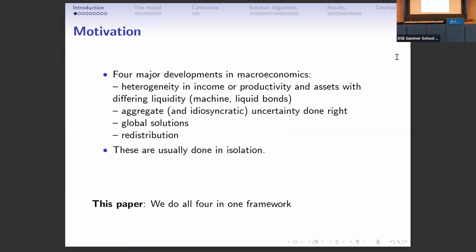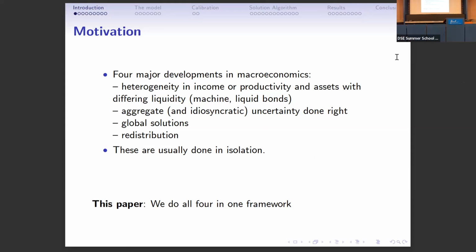So let me try to motivate this work. We think that there are 4 major developments in recent macroeconomics. First, as we've seen also at this conference, most macroeconomic models are heterogeneous agents.